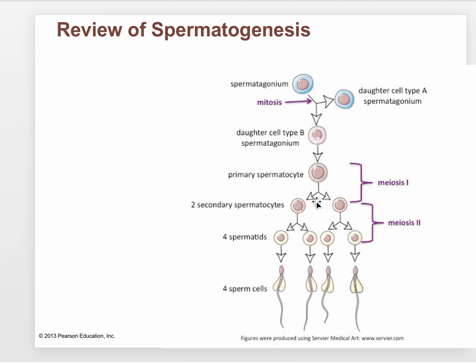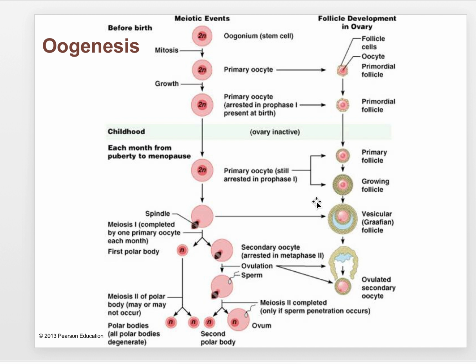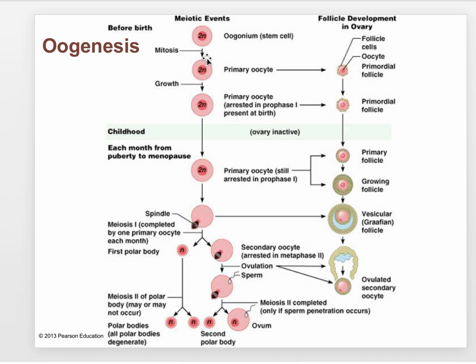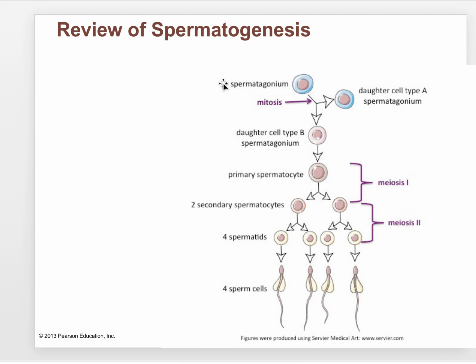So that's very similar to oocyte production. If we now look at oogenesis, the stem cell is called the oogonium as opposed to the spermatogonium. You've got a primary oocyte as opposed to a primary spermatocyte.